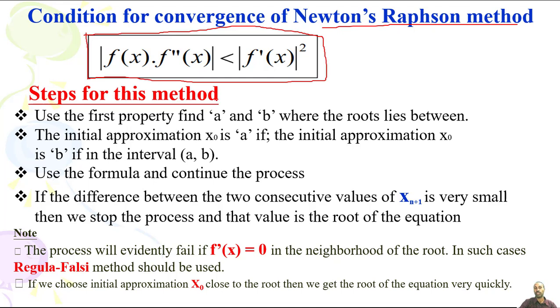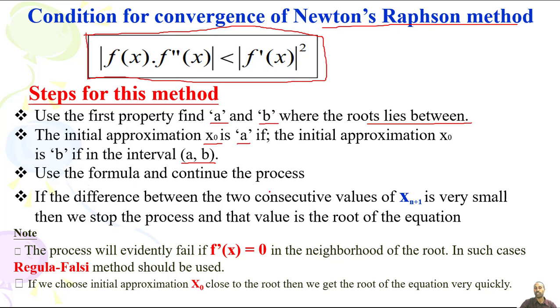So the steps for this method: use the first property, find A and B where the root lies between, if there is a sign change. Then you will start. The initial approximation x naught is, for example, A. If the initial approximation x naught is B, in the interval, then you start the same way.